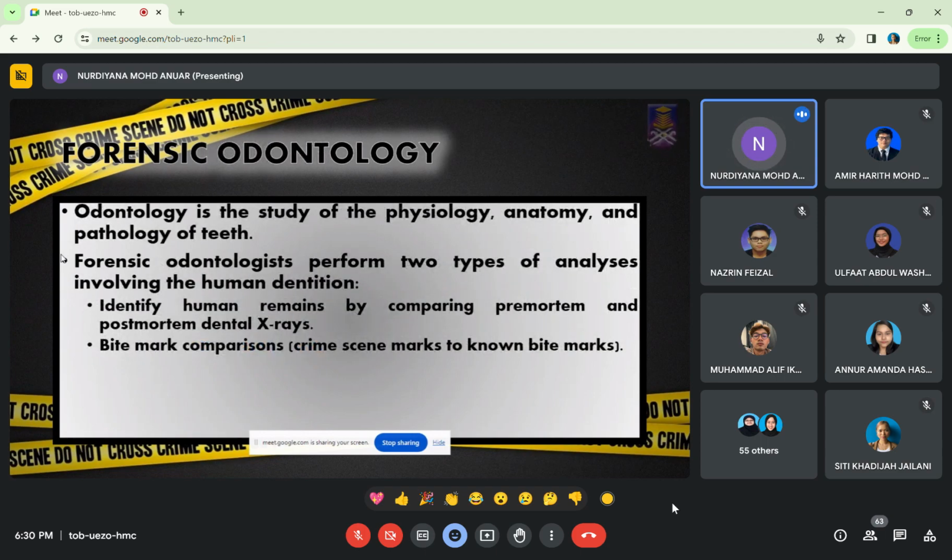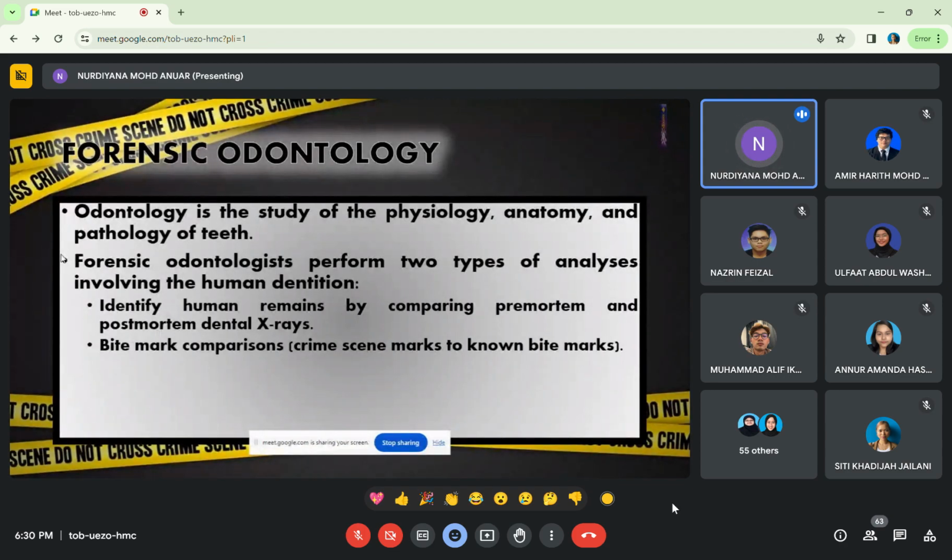Okay, seterusnya odontology. So this one is about the teeth. Okay, study of the physiology, anatomy and also pathologies of teeth. So ada keadaan we have to use odontology knowledge ataupun study to determine, not the cause of death, to determine age of the victims.